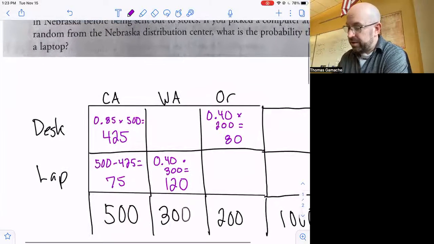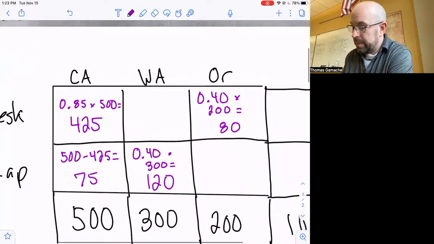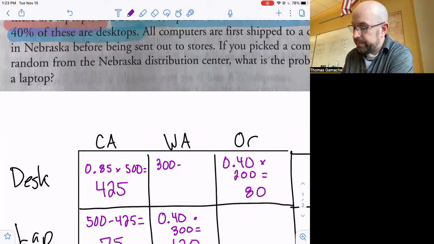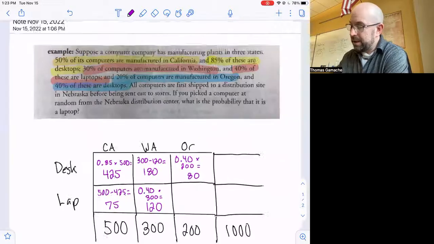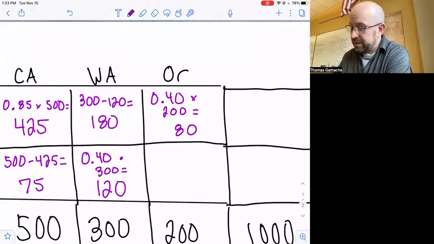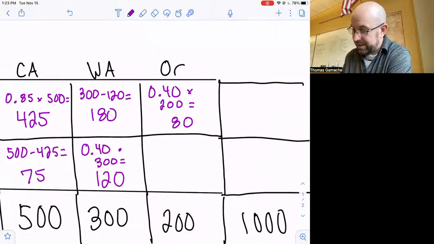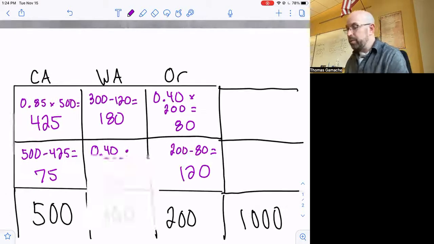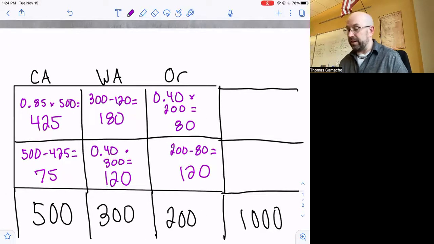I can go Washington here, do 300 minus 120. I get, ta-da, 180. 200 minus 80 here gives me 120. So all I'm doing is using some backwards thinking here.